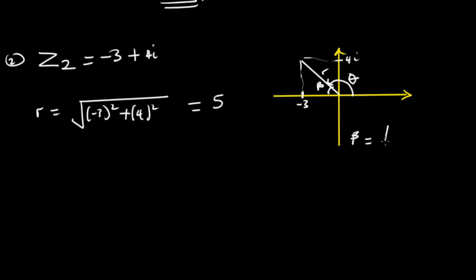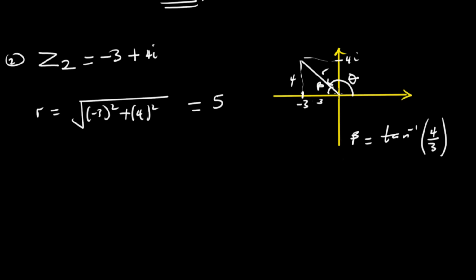So we define beta. It's going to be the tan inverse of negative 4 over negative 3. We can put the negatives, but I'm going to remove the negative sign since we're only looking for angle beta here. So we have beta equal to tan inverse of 4/3. So the opposite is 4, just like we have for the y-axis, and the adjacent is 3, like we have for the x-axis.